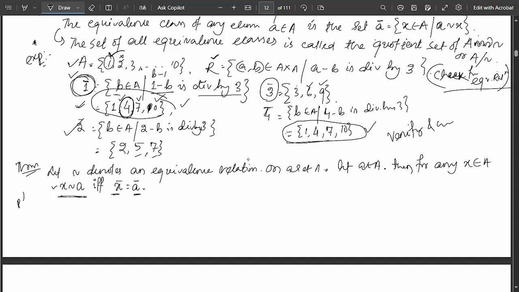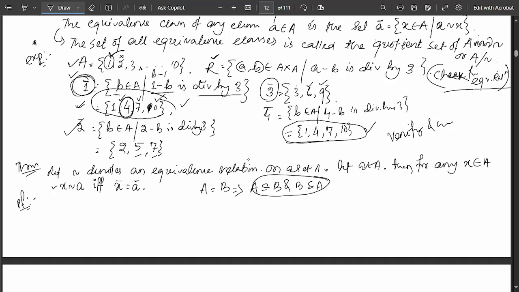It is clear that these are sets: the equivalence class of x is a set and the equivalence class of a is also a set. To show the equality of two sets, we have to prove that both sets are subsets of each other. When set A equals set B, it is possible only when A is a subset of B and B is a subset of A. So we have to show this condition.